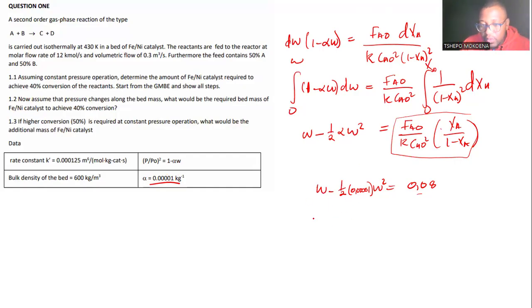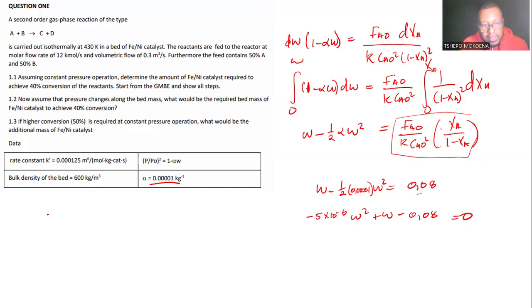So now in this case, what you're going to do is take the negative W squared coefficient, 0.5 multiplied by 0.12341. That will give us negative 5 times 10 to the power of negative 6 W squared plus W minus 0.08 equals 0.